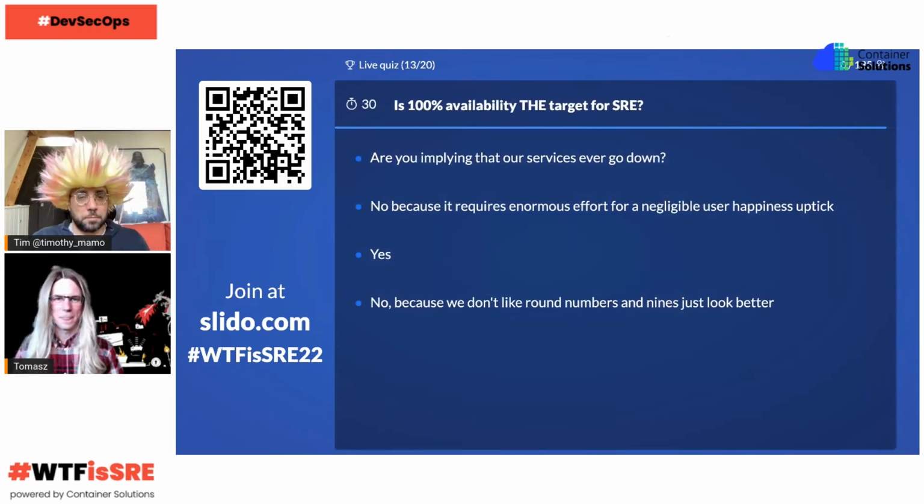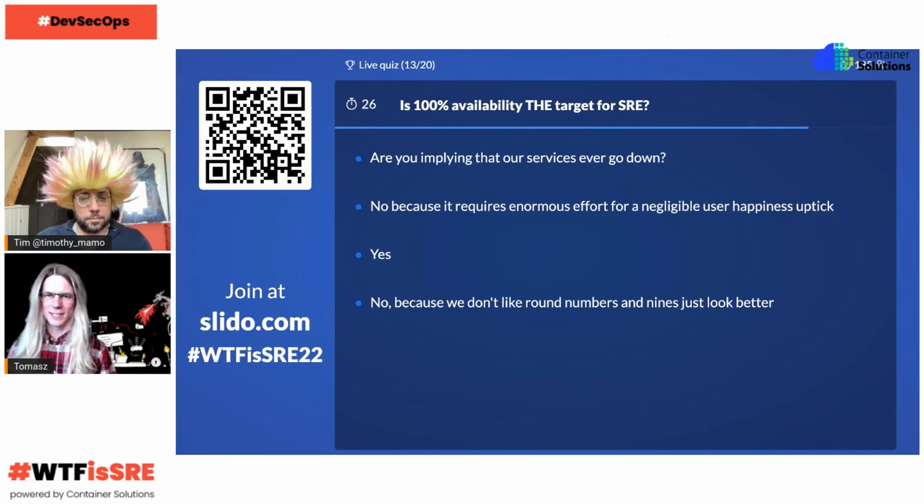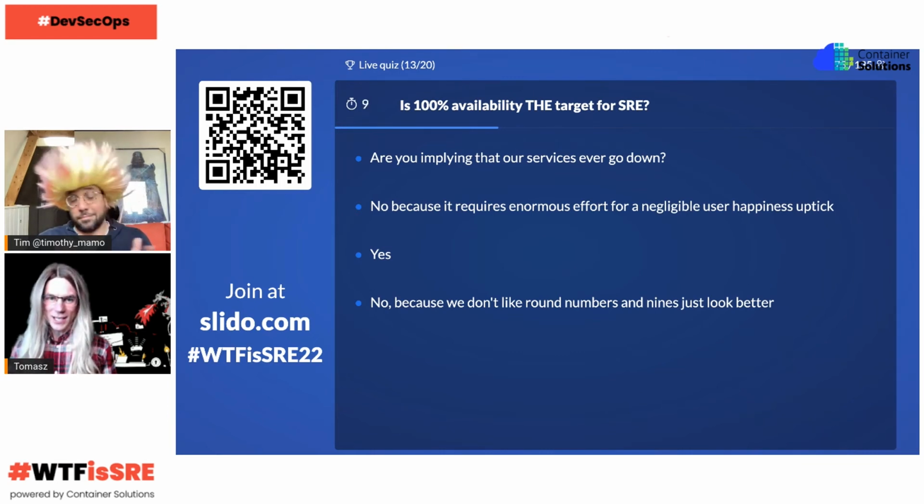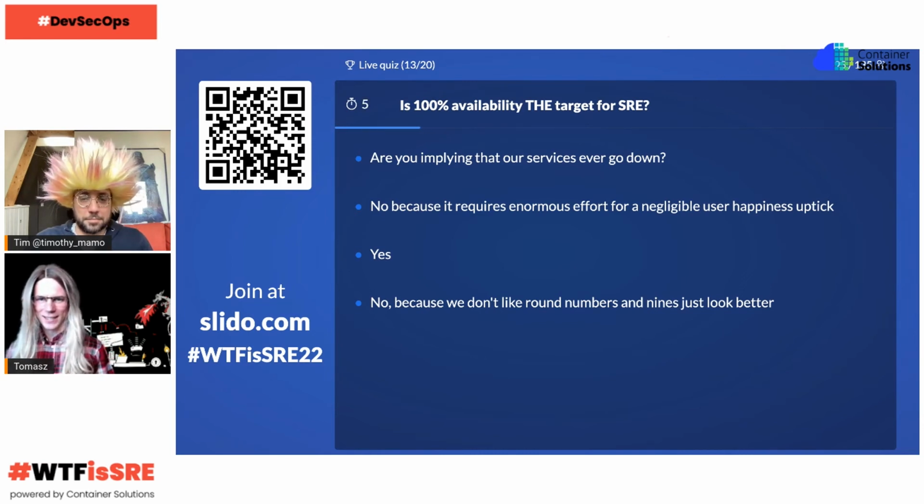Okay, next one. Is 100% availability the target for SRE? First option, are you implying that our services ever go down? Another one, no, because it requires enormous effort for negligible user happiness uptick. Third option, yes. And the last one, no, because we don't like round numbers and nines just look better.